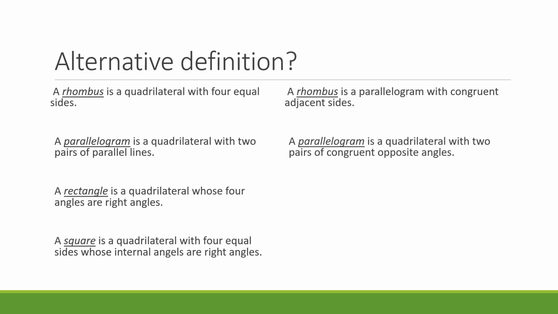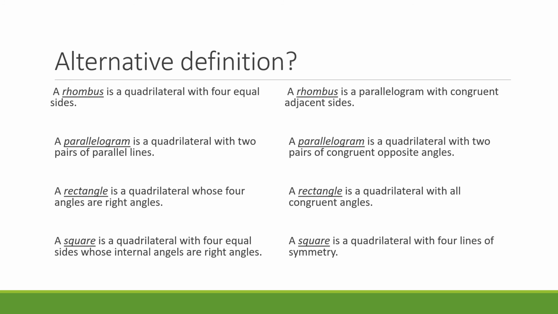Or a parallelogram as a quadrilateral with 2 pairs of congruent opposite angles? Or what if I define a rectangle in this way and a square this way? Now, there's nothing wrong with these definitions on their own. Mathematically speaking, they're equivalent, but often we prefer one over the other because it is easier to communicate and teach.